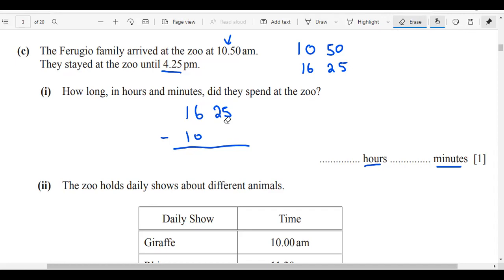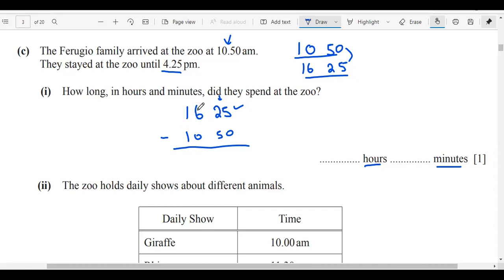Initially we had the time in the 12-hour clock, but we cannot find the difference this way. Okay, when I taught you this topic, I told you we need to find the time in the 24-hour clock. Now 25 is less than 50, so I need something here. I am going to carry one, but that one is basically 1 hour, and that 1 hour is 60 minutes.